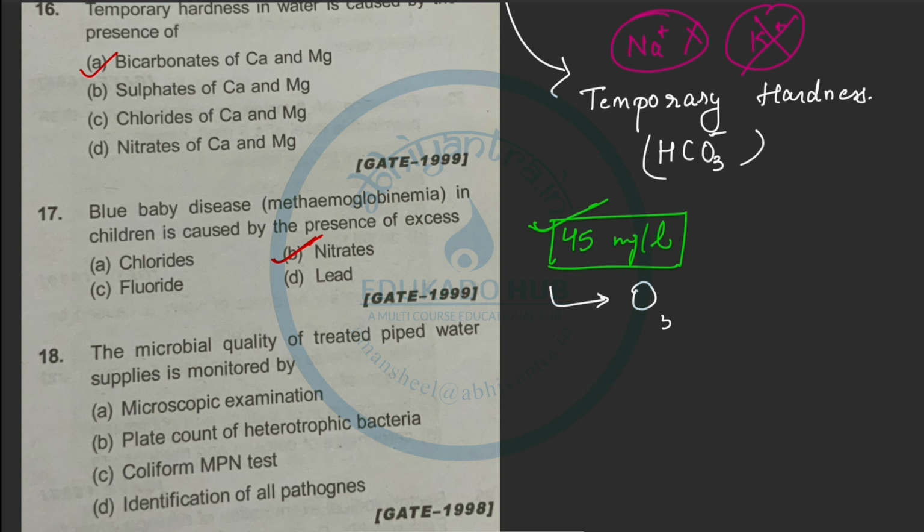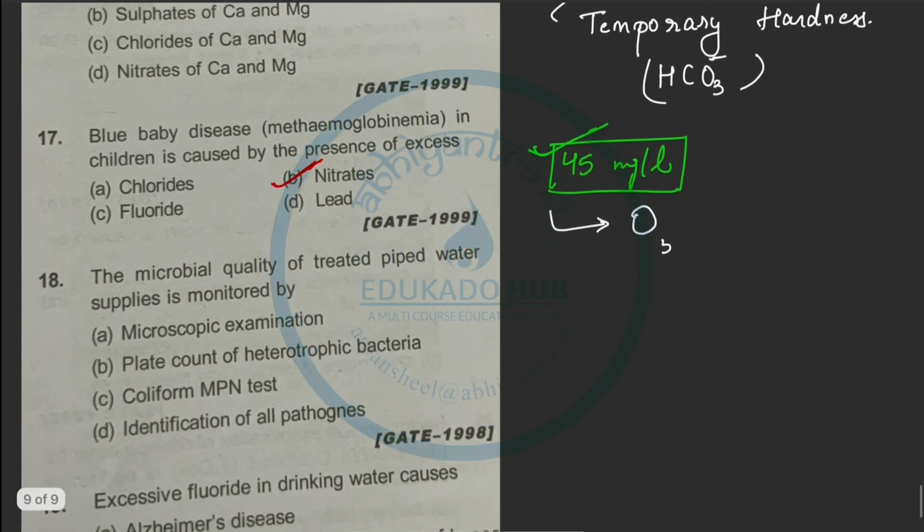So the babies are not able to breathe properly, they suffocate and they turn bluish, because they don't get the proper oxygen intake. So this disease is named blue baby disease, and the scientific name is methemoglobinemia. So the answer is nitrates. Now 18.